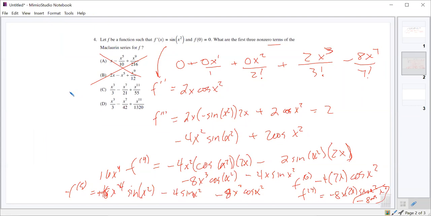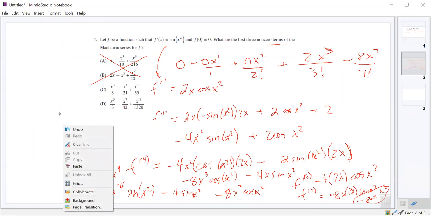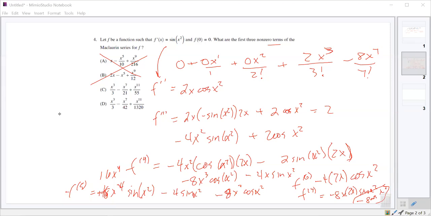Yeah, that's what I was saying. I guess this is a non-calculator. There's got to be a better way than taking 7 different derivatives there. The sine of x squared doesn't integrate using an elementary antiderivative. Let's see here.